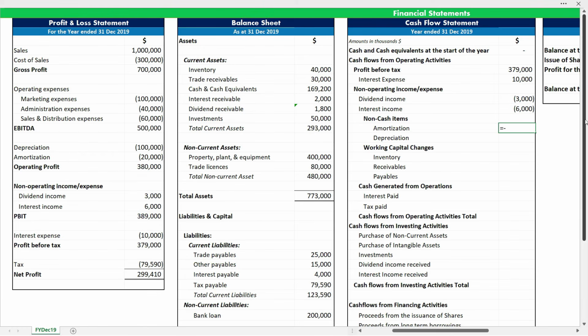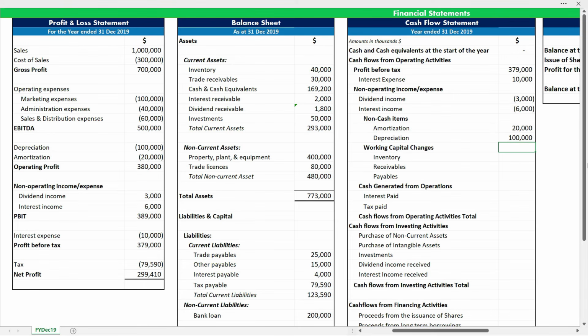Same goes for the amortization, equals minus this value and equals minus depreciation, and here you have reversed your profit and loss statement. So if I quickly sum and check if these values are correct, yes they are, because this is the 500,000 EBITDA value.